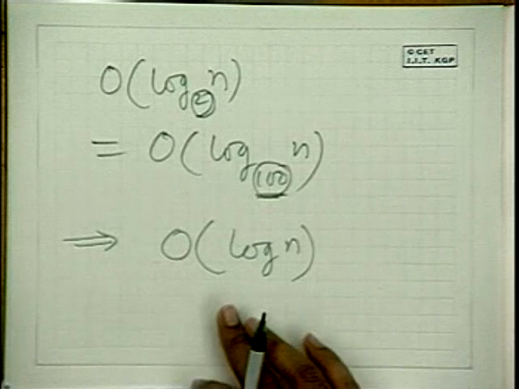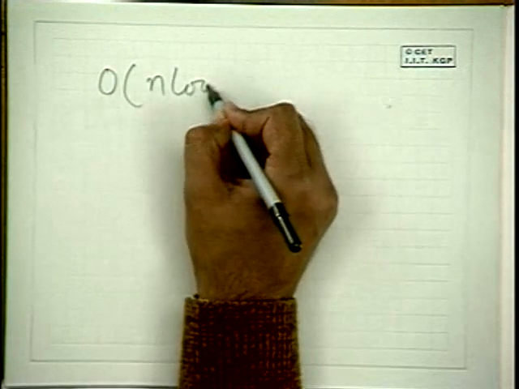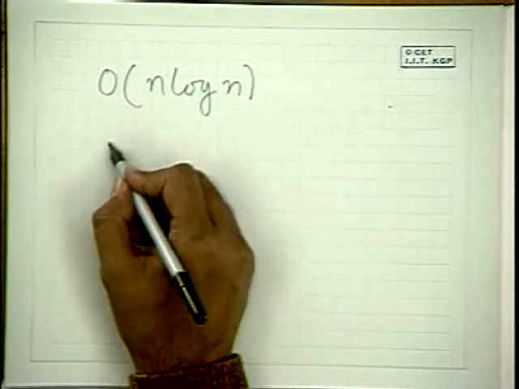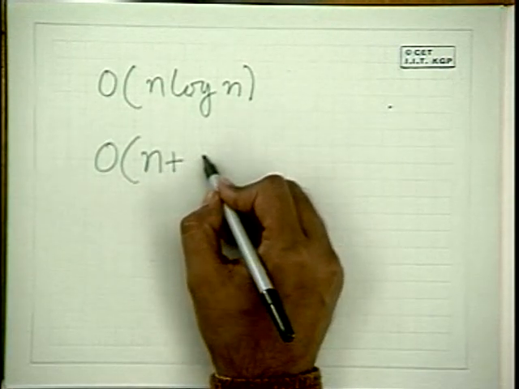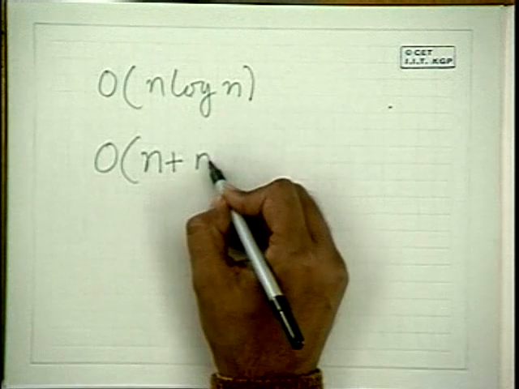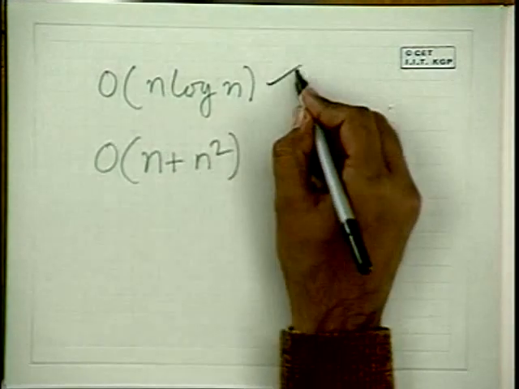Now just tell me, suppose I have order of n log n and another algorithm of order n plus n square. Which one is better? So this is better, right?